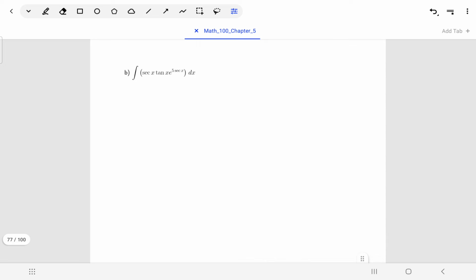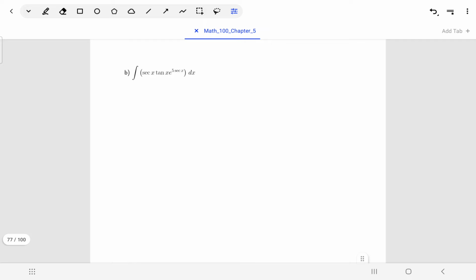All right, so let's do some more while we're at it. I've got another one here with an exponential function. I can see that I have a 5 secant in the numerator, specifically in the exponent, and outside of that exponential function I've got a secant times tangent.